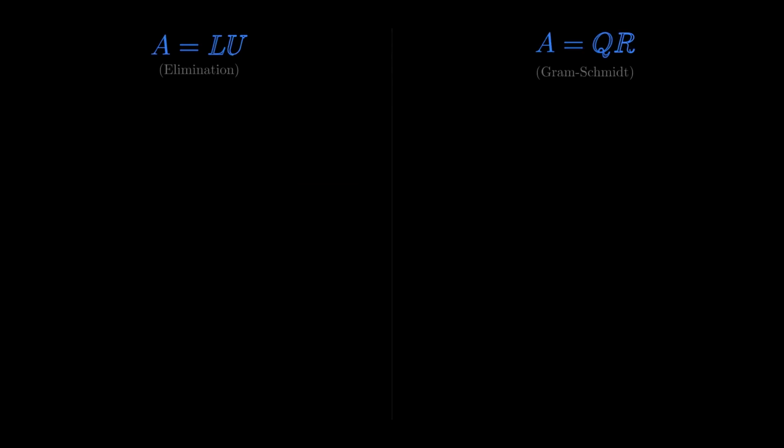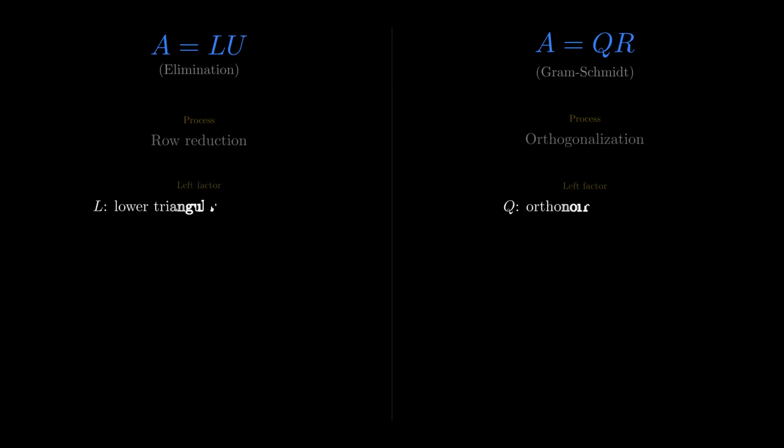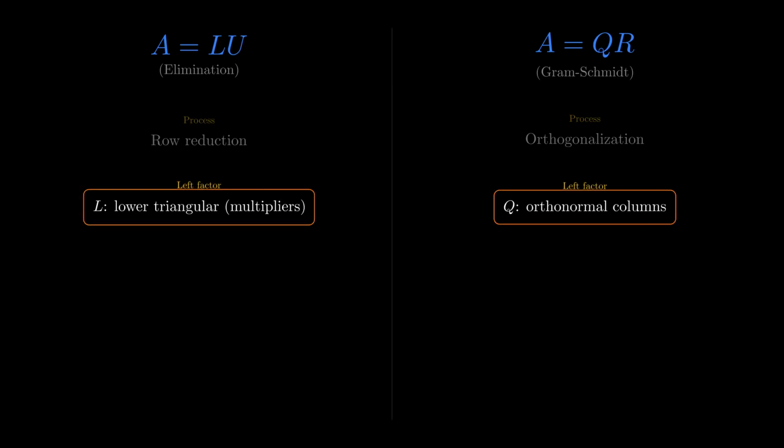This parallels another factorization you already know, A equals LU. Both decompositions record the steps of a systematic process as a matrix product. LU comes from row reduction, QR comes from orthogonalization. L is lower triangular, storing the elimination multipliers. Q has orthonormal columns.